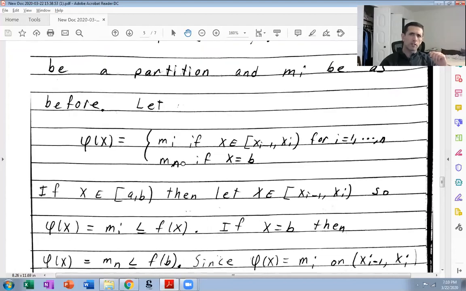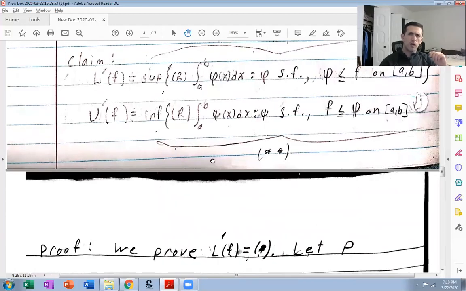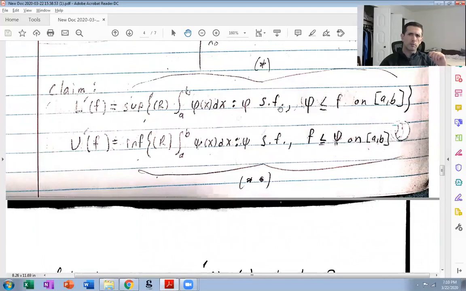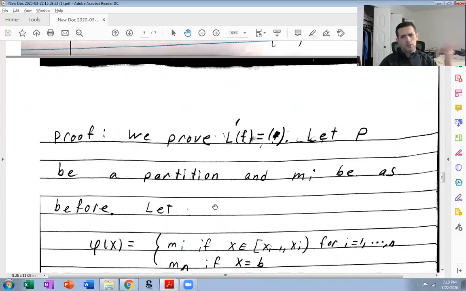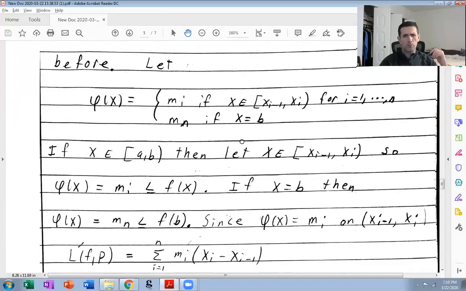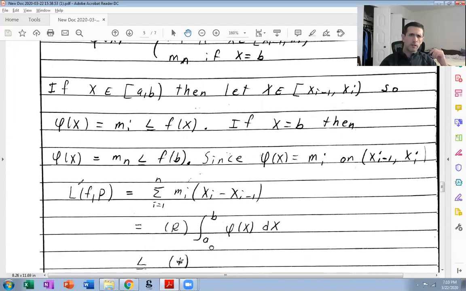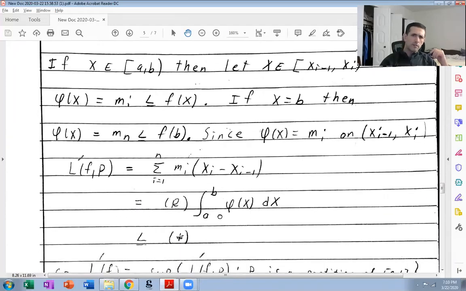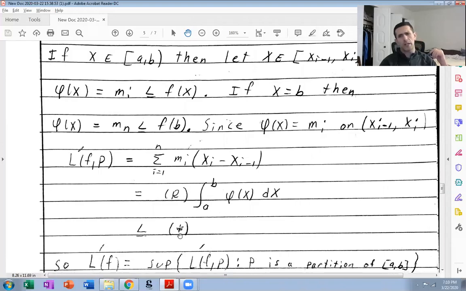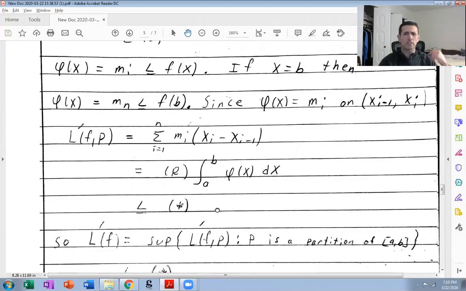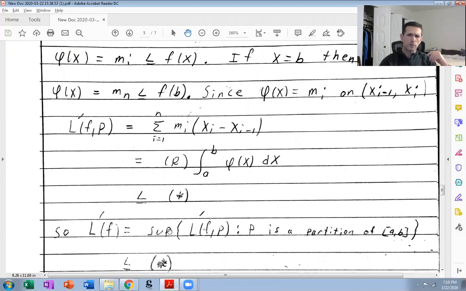Remember, star is this supremum here. So now we take the supremum over all partitions. So the supremum, well, star is an upper bound for all these partitions. Supremum is the least upper bound. So the supremum as the least upper bound is less than or equal to star.